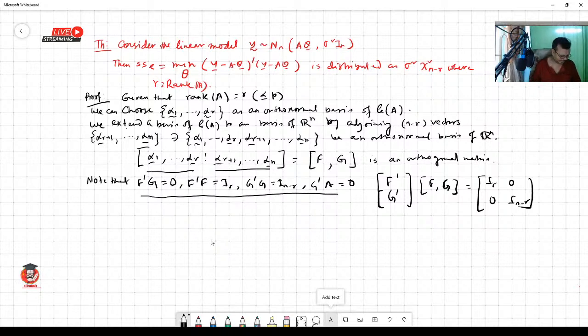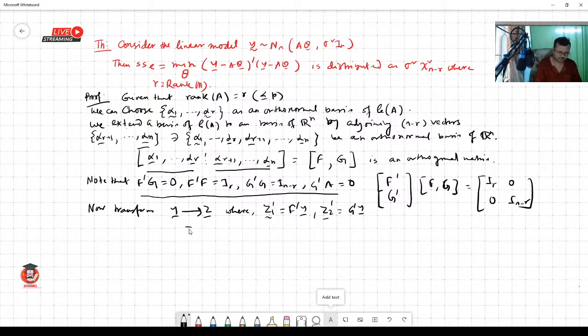So now transform y curl to z curl, where z1 curl equals F prime y curl and z2 curl equals G prime y curl.